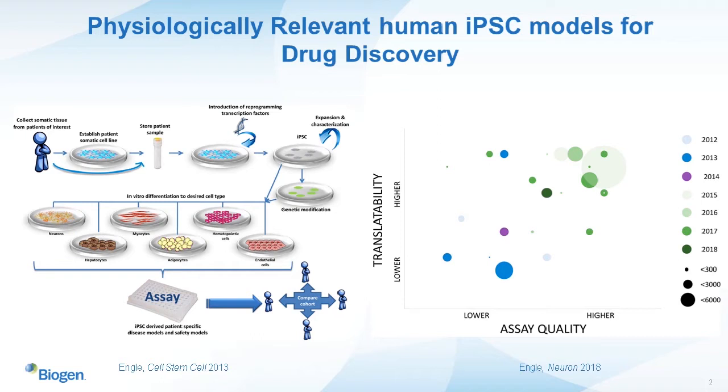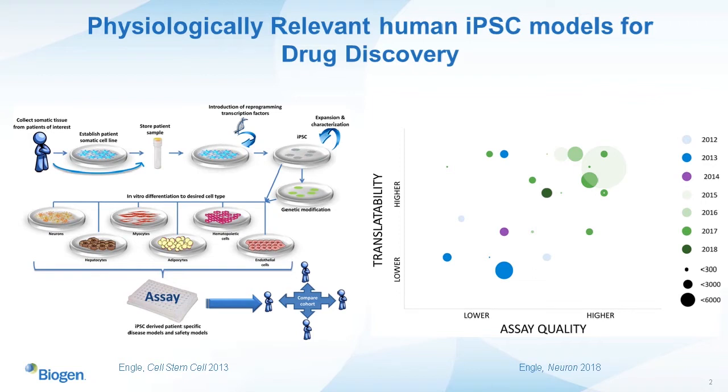For translatability, the relevance of cell type, the assay stimulus, and the endpoint are considered. The size of bubbles or dots represents the number of compounds used in the screen. As you can see, the quality of the screen and the translatability are highly related. When the translatability is higher, the screen quality is higher as well.